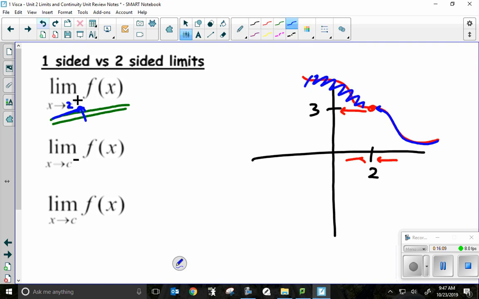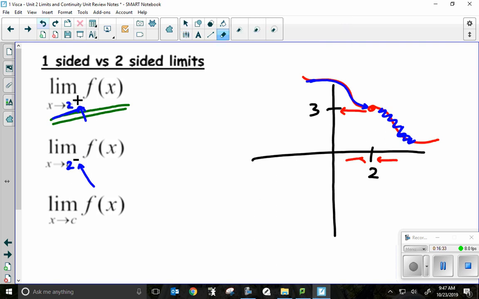And vice versa here: if I have a little minus, I just care about approaching 2 from the left side, and I don't care about the right side. That's what one-sided limits are.